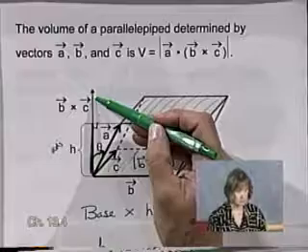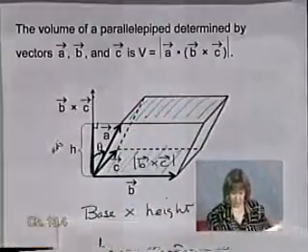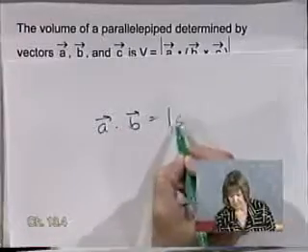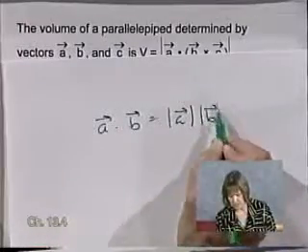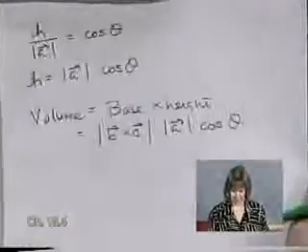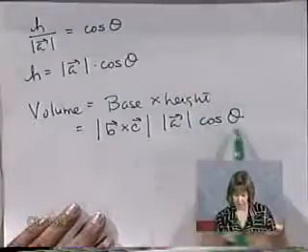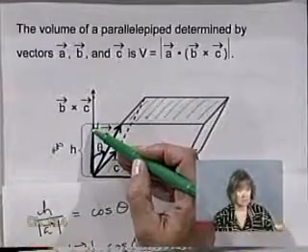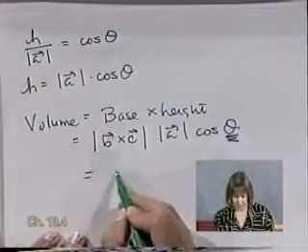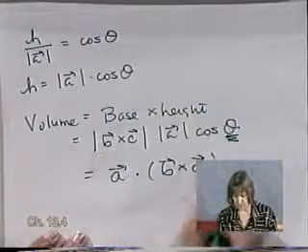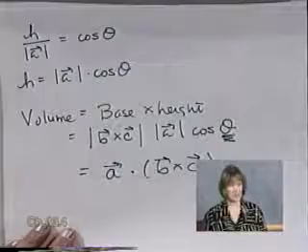Do you all see that? Well, remember, when you took the dot product of two vectors, it's the magnitude of the first one times the magnitude of the second times the cosine of the angle between them. But wait a second. Theta is the angle between A and b cross c. So this actually is the dot product of A with b cross c. Okay, so we just proved that.